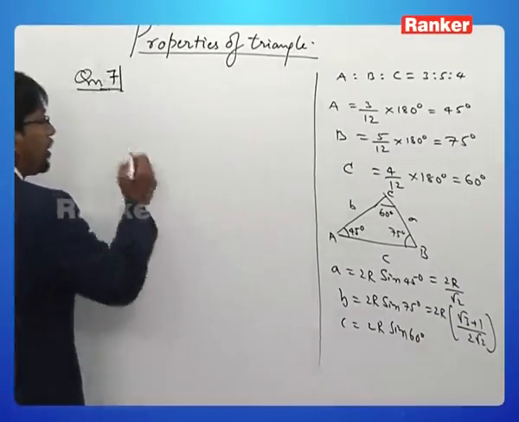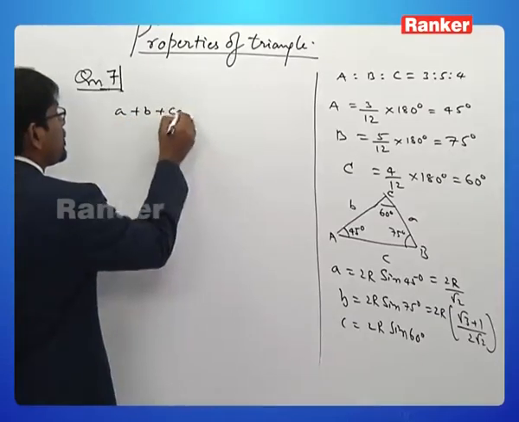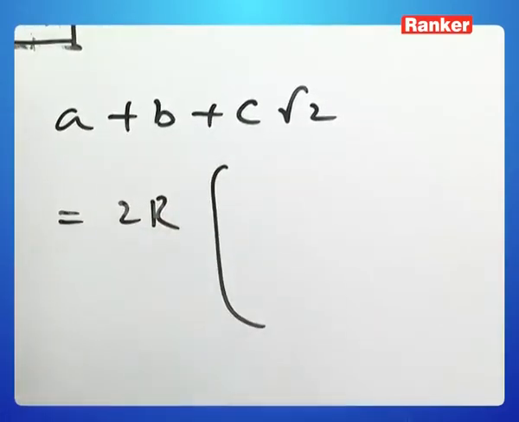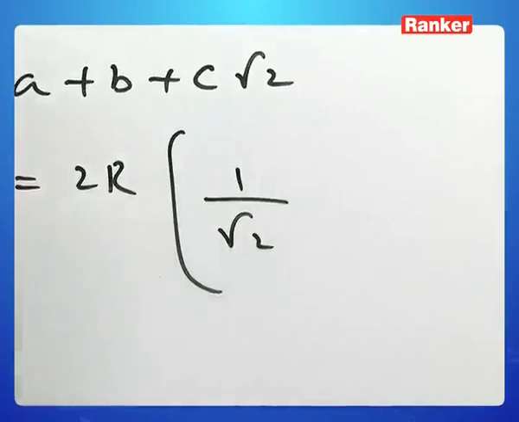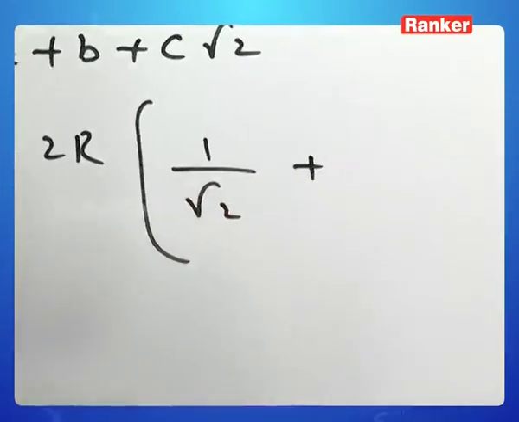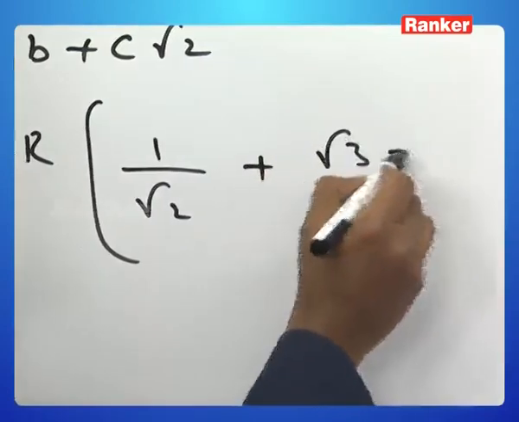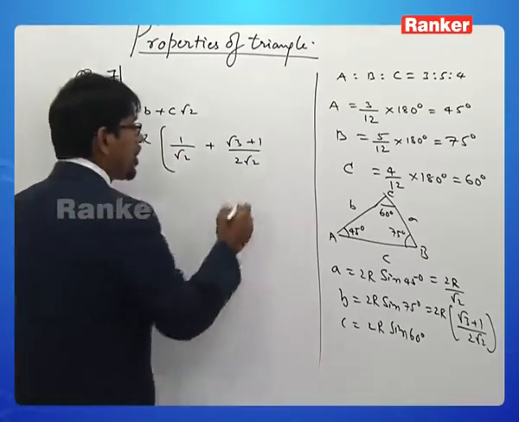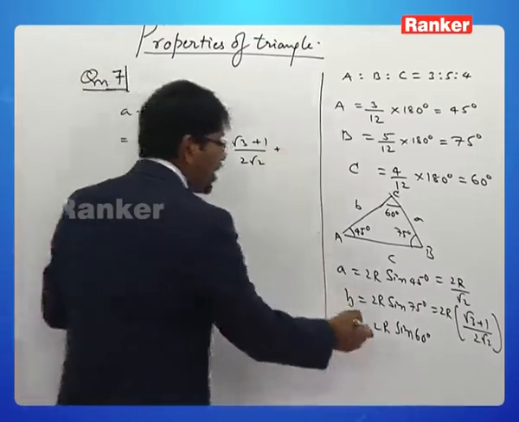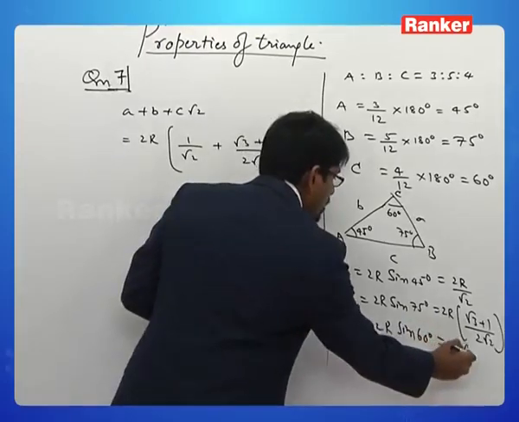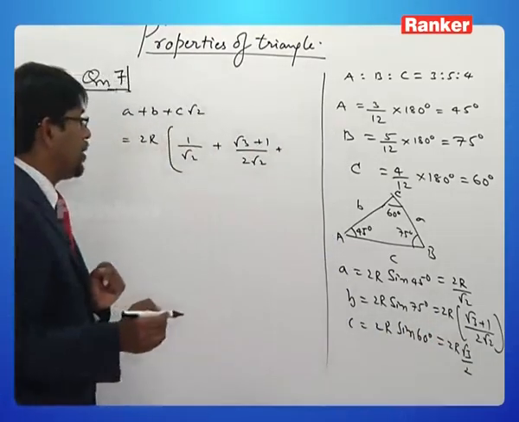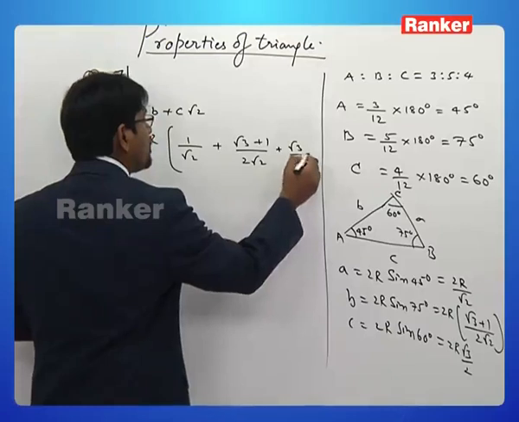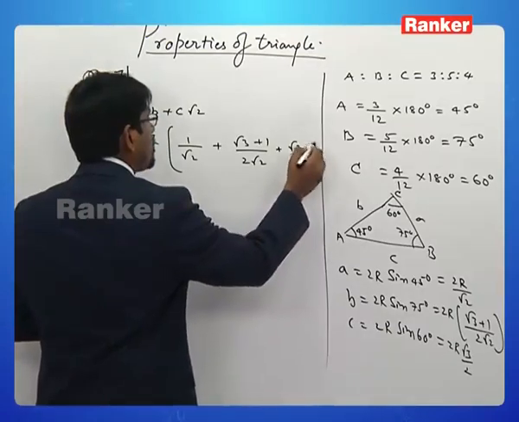And let's write what is a plus b plus c root 2. That's going to be 2r taken common. a is 1 by root 2 here, 2r into 1 by root 2. What about b? Root 3 plus 1 by 2 root 2. And what about c root 2? That is going to give me sine 60 is root 3 by 2, so root 3 by 2 into root 2.